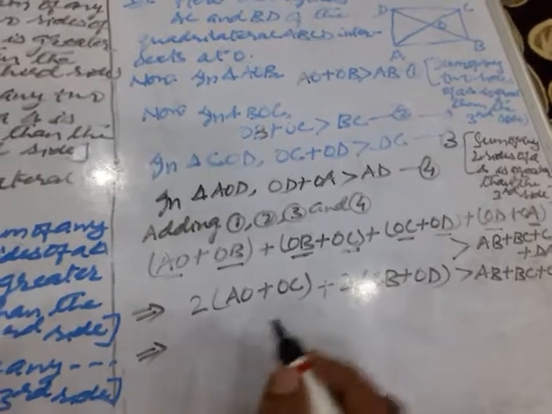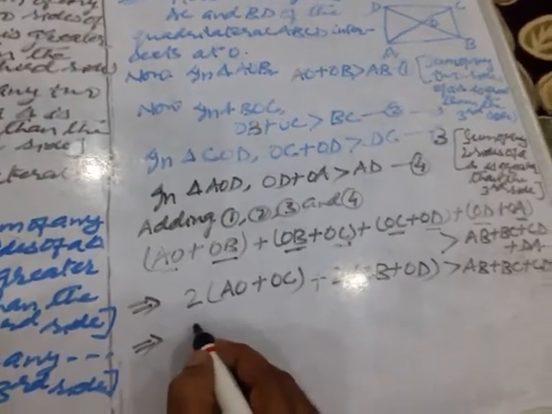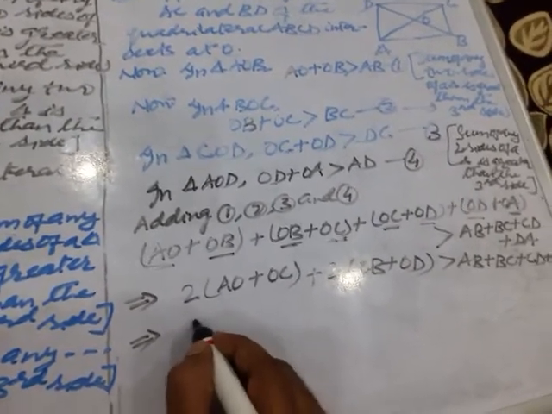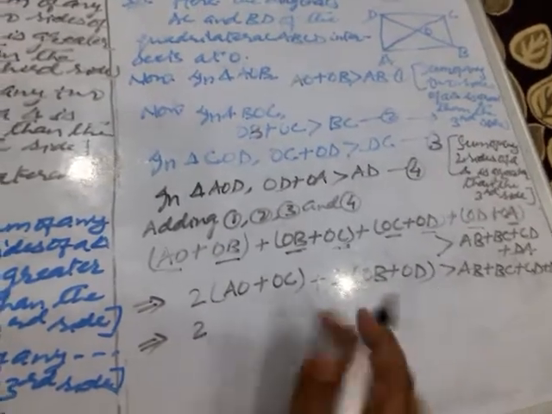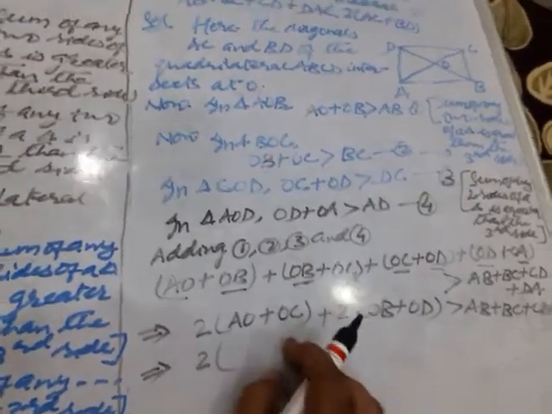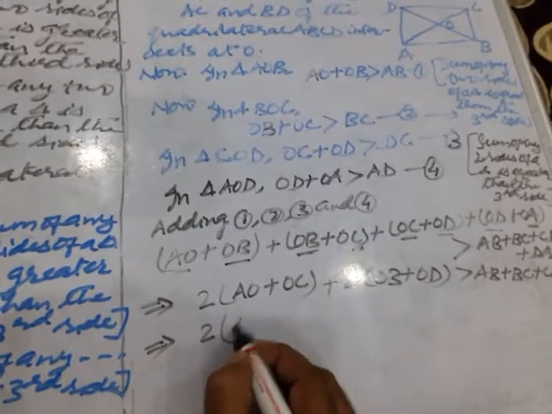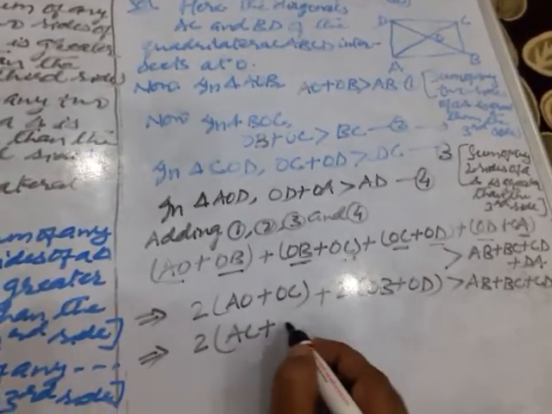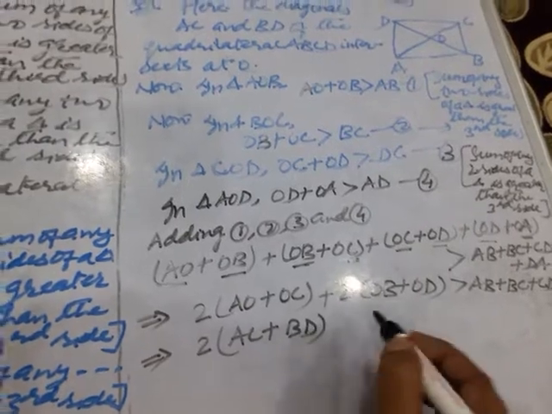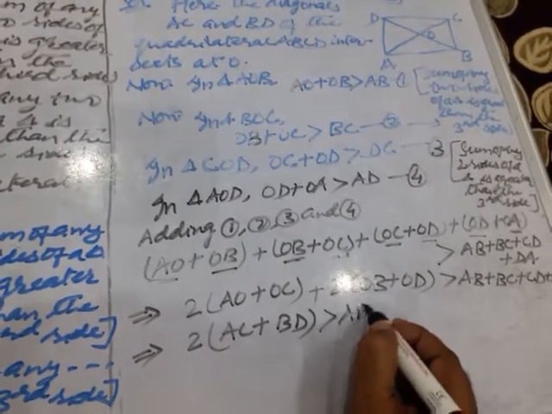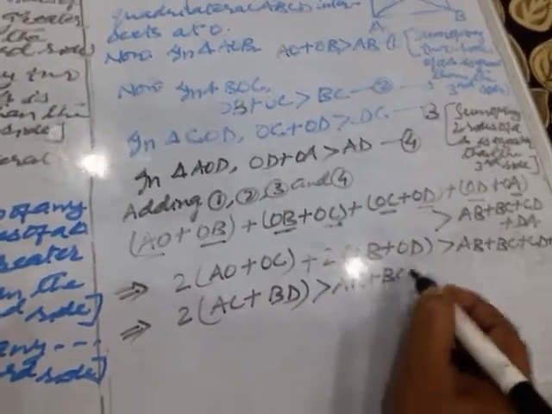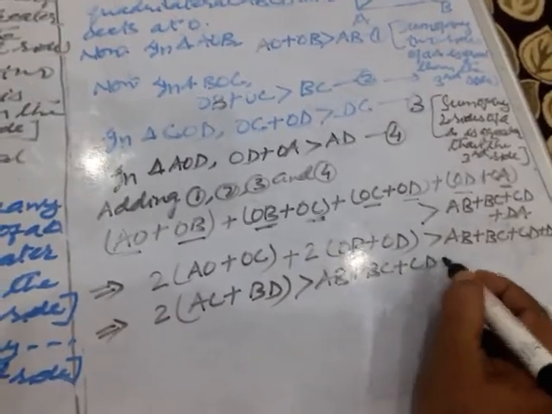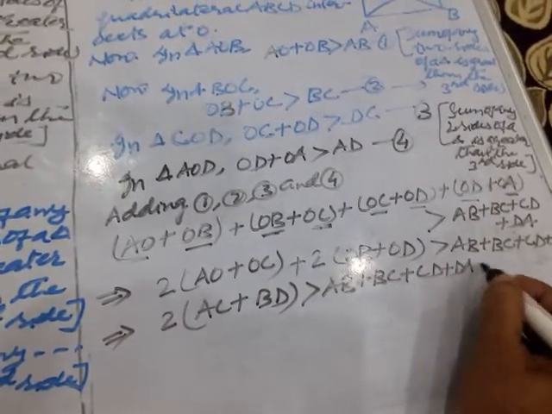This implies that 2 is taken out from both the terms: 2 into AO plus OC equal to AC, plus OB plus OD equal to BD, is greater than AB plus BC plus CD plus DA.